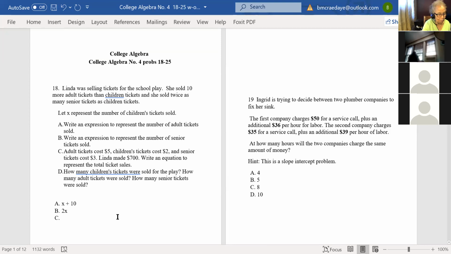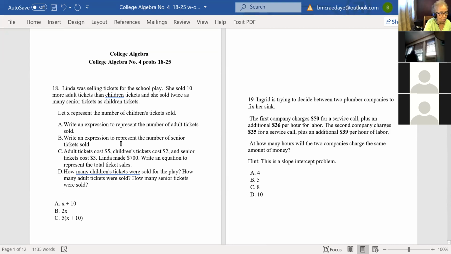So you want to put 5 times X plus 10. Adult tickets cost 5. The number of tickets sold for the adults was X plus 10. So it's the $5 times the number of adult tickets. You follow? The price of the adult tickets times the number of adult tickets.